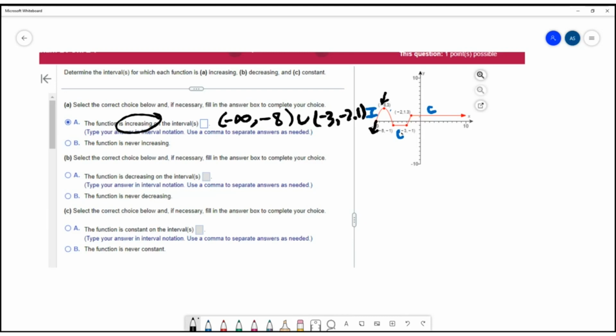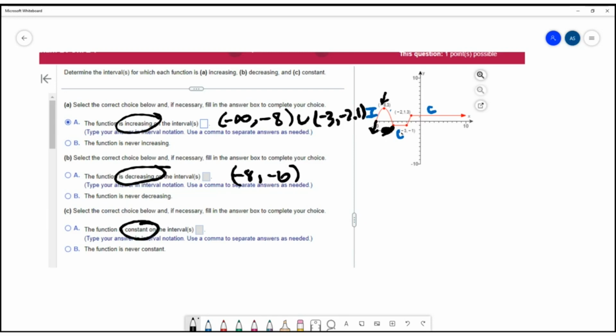And then we have a section of decreasing. That section of decreasing goes from negative 8 to negative 6. I'm using this point right here.